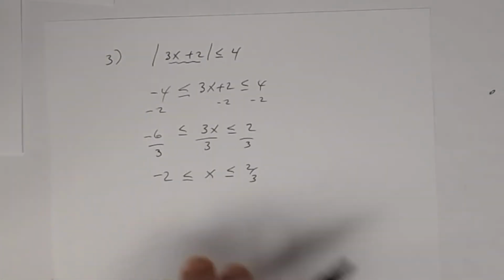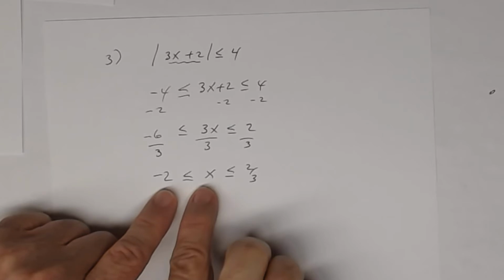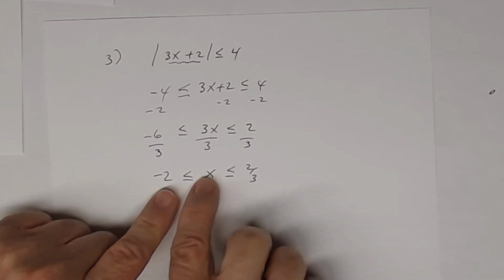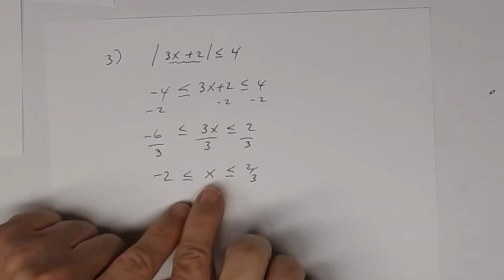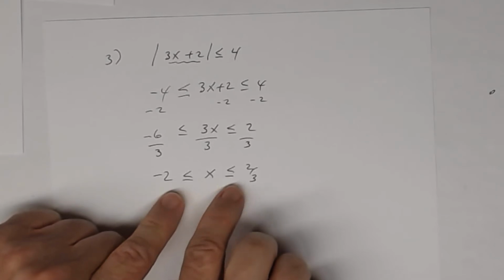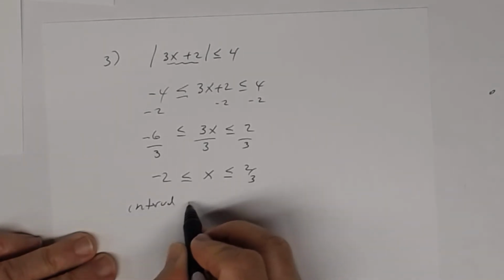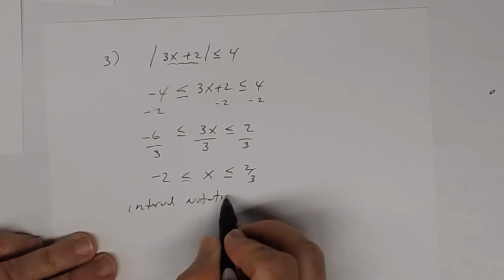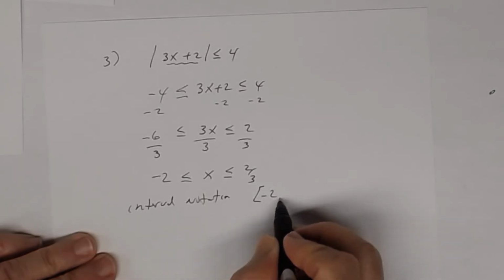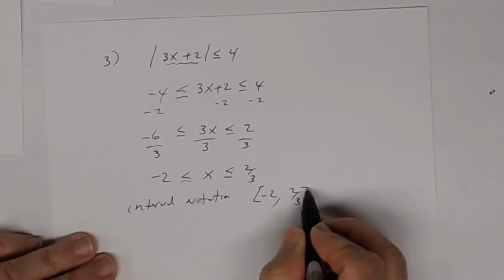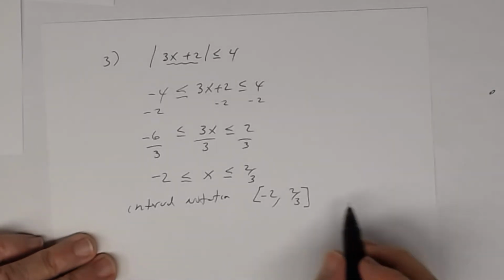All right, so the only solutions are going to be between negative 2 and 2/3. So the solutions for x will be any real number between negative 2 and 2/3. In interval notation, you're going to say bracket negative 2, comma, 2/3 bracket. Okay? So any real number here.